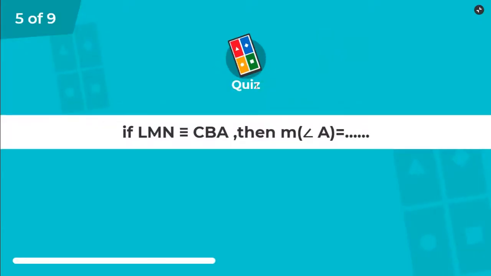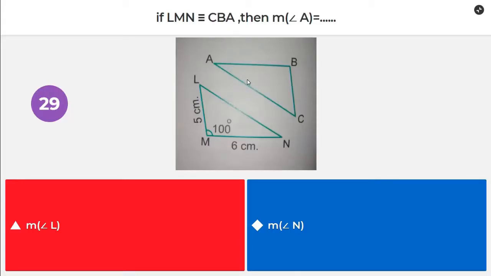Example number 5: if LMN is congruent to CBA, measure of angle A, which is the third letter of the second triangle, will be equal to N, which is the third letter of the first triangle.